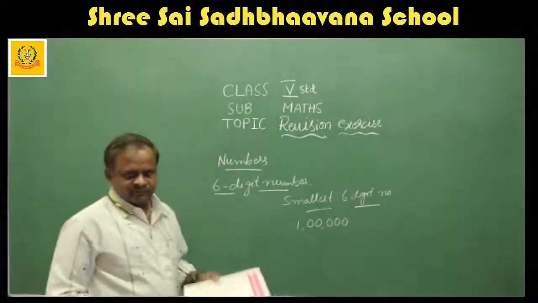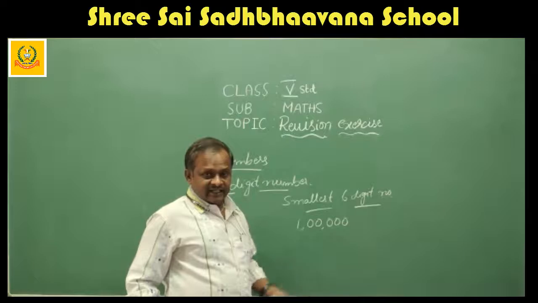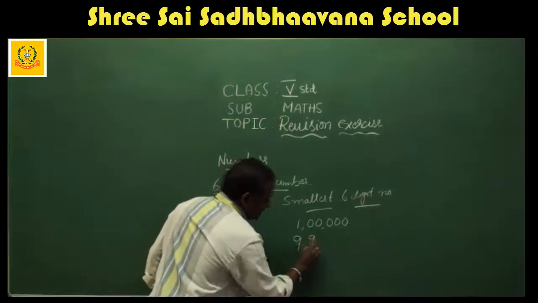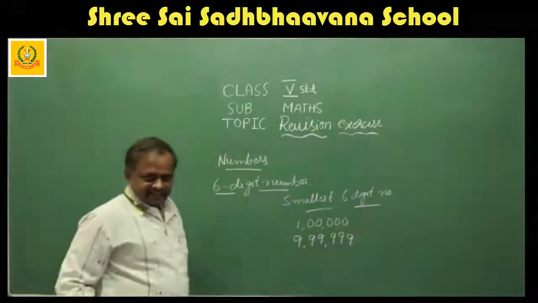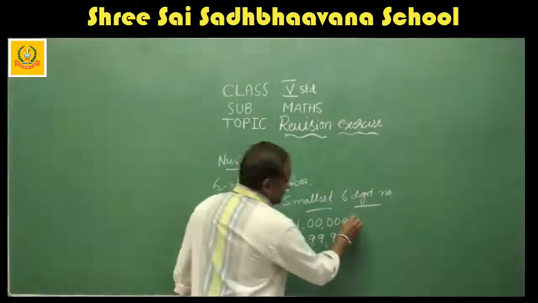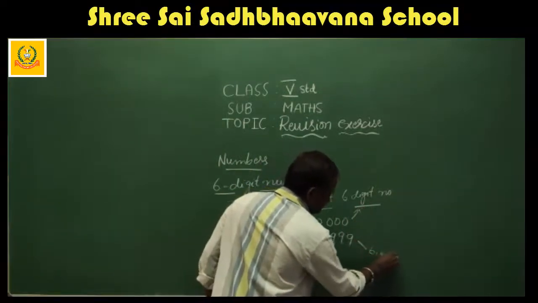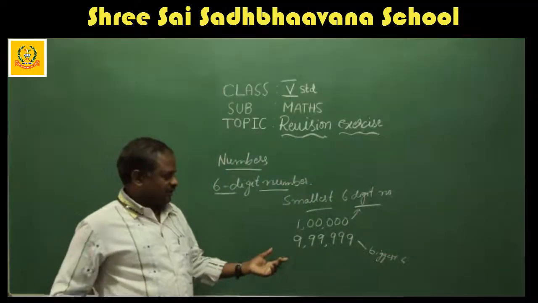The smallest 6 digit number is 1 lakh. And the greatest 6 digit number is 9 lakh 99,999. This is the smallest and this is the biggest 6 digit number. I hope you understand.